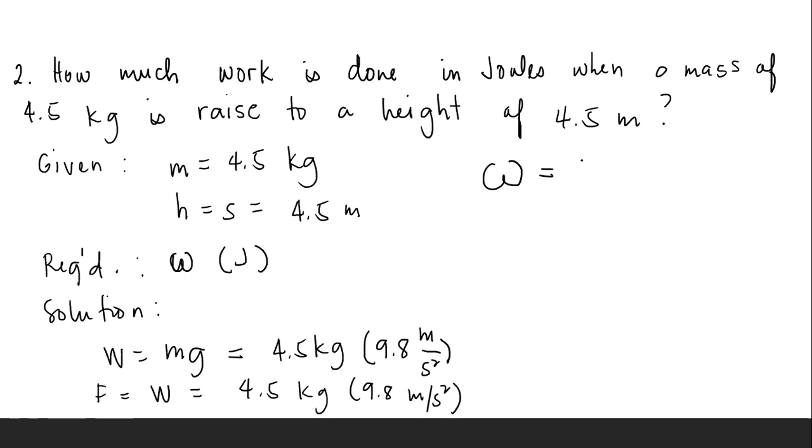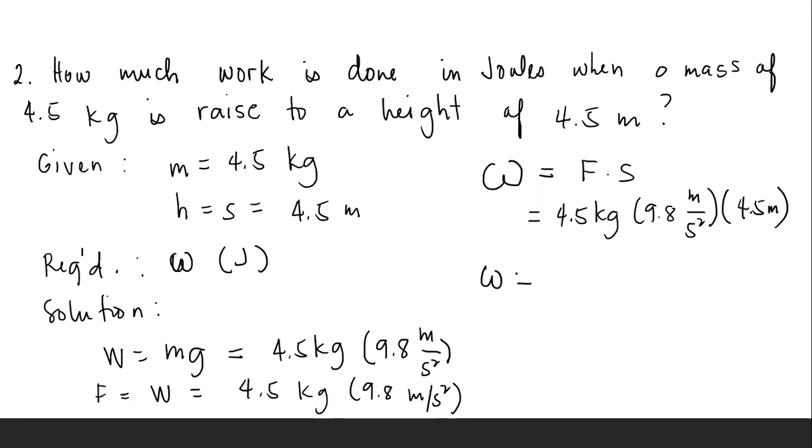Now, for the work, we have F times S, which is equal to 4.5 kilogram times 9.8 meter per second squared, multiplied by the height of 4.5 meters. The work now is equal to 198.45 joule.